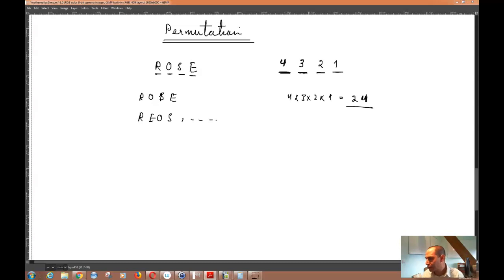So in example number 1 of the previous section, we are actually counting different possible arrangements of the letters, such as ROSE, REOS, and so on and so forth. Now here in this list, each arrangement is different from the other. There is no way that in this list of 24 words, with or without meaning, you could find any 2 arrangements that look exactly the same.